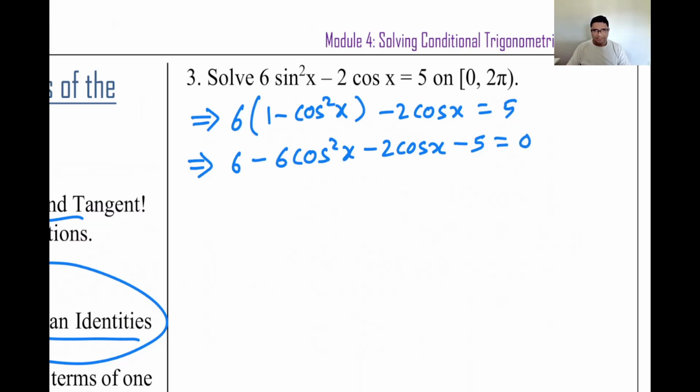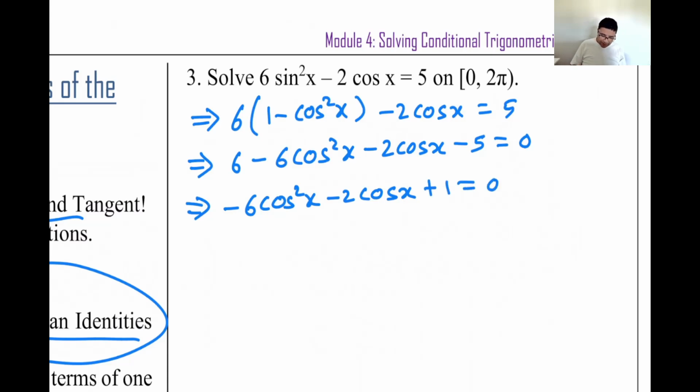I'm going to write it in the standard form where ax square plus bx plus c equal to 0. Okay. So minus 6 cos square x minus 2 cos x plus 1 equals 0. And then you multiply by a negative sign, it becomes 6 cos square x plus 2 cos x minus 1 equals 0.